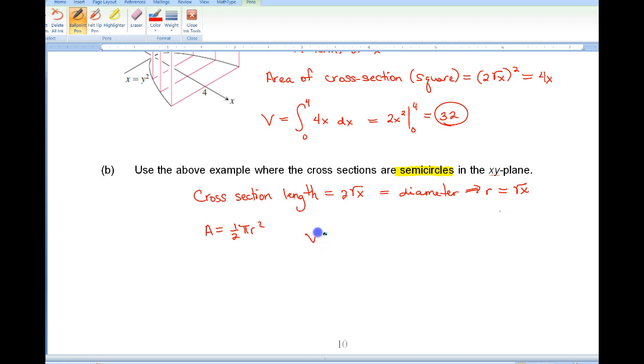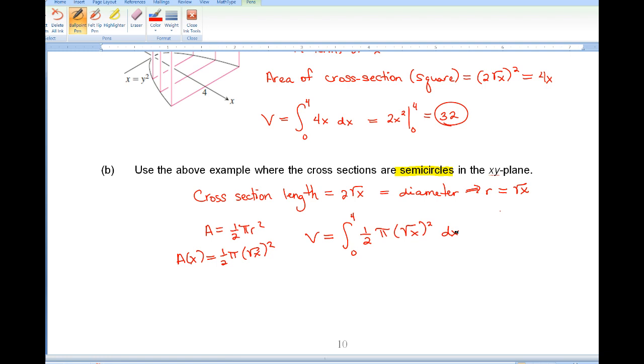So what's my volume? The integral is still going to go from 0 to 4, but I want 1/2 pi times the square root of x squared. Can't we simplify it? Yes, we can. The square root and the power cancel each other out, so you get 1/2 pi x.